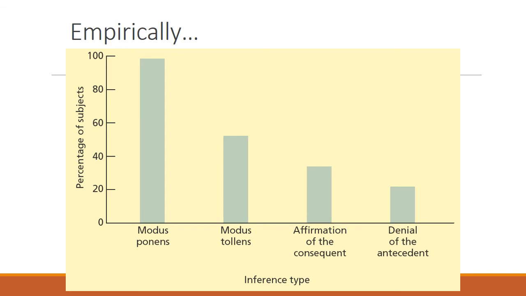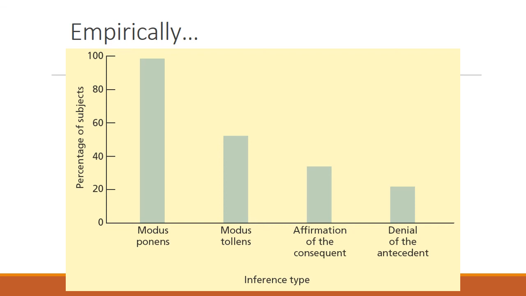For the modus ponens and modus tollens, which are valid conclusions given the premises, people get almost 100% for the modus ponens, even though the modus tollens is also valid, only around 50% of people are able to say it as such. And for the affirmation of the consequent and the denial of the antecedent, which are invalid conclusions, people are still endorsing them as valid in some contexts. So clearly this is not a very intuitive way of reasoning. People seem to be confused about these things.